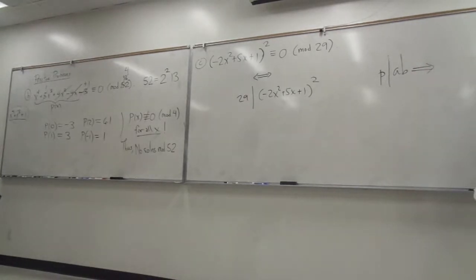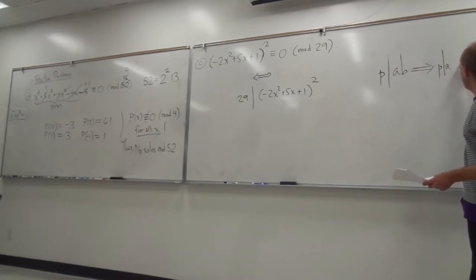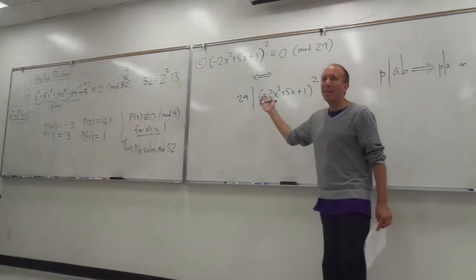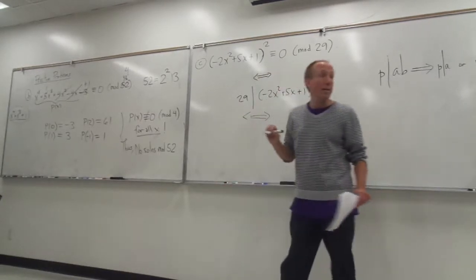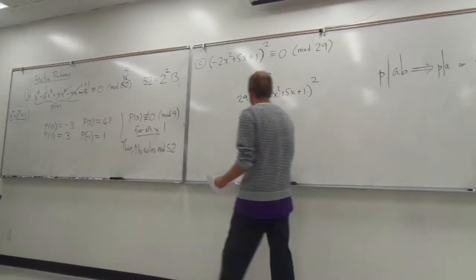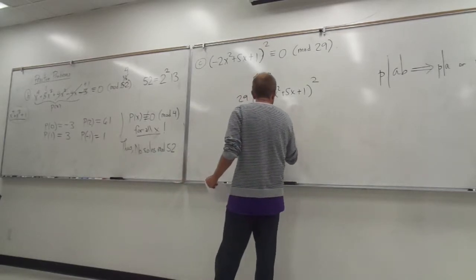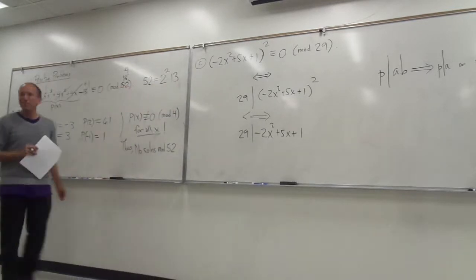If p is a prime and it divides a product of two things, it divides one or the other of those. p divides a or p divides b. Well, in this case, the a and the b are just 2 copies of the same thing, so you can basically just get rid of the square on that. So we don't actually need to really change variables for that. We can literally get away cheap here and just reduce it like that. Okay?